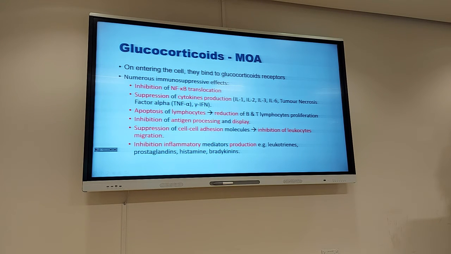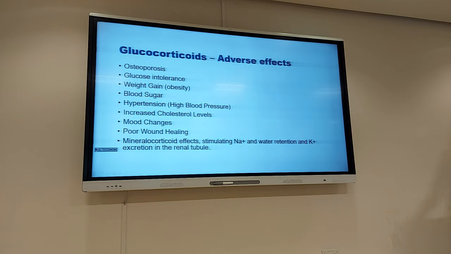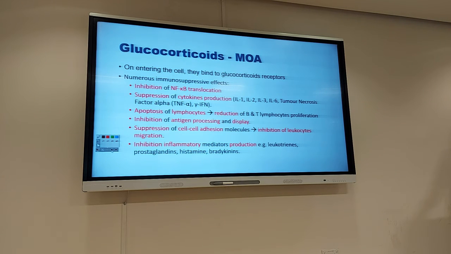As I mentioned, they have a lot of mechanisms of action. They inhibit NF-kappa B translocation. They suppress cytokine release and production, but IL-2 is the main one I would focus on.